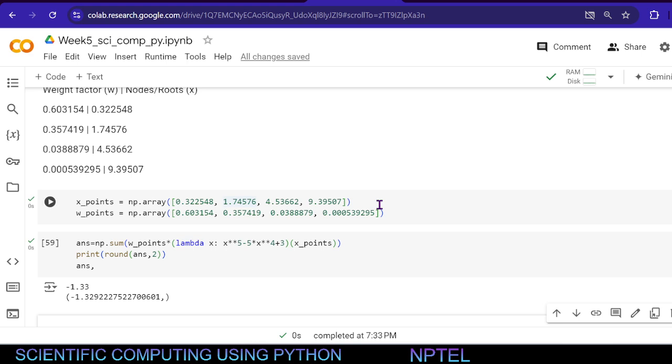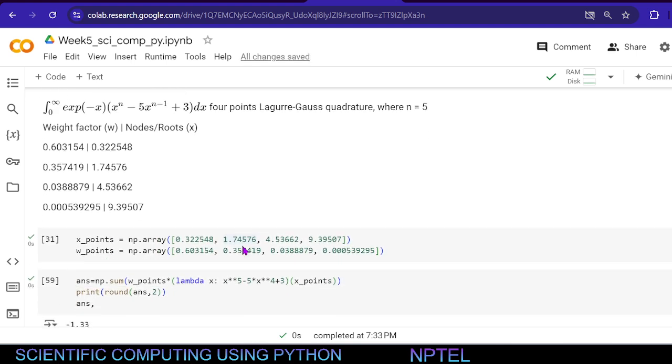Still some error. So the correct answer is 3, which by the way is also not given in the assignments. This is x to the power 5, right? Minus 5 x to the power 4 plus 3. So I don't know what is happening.